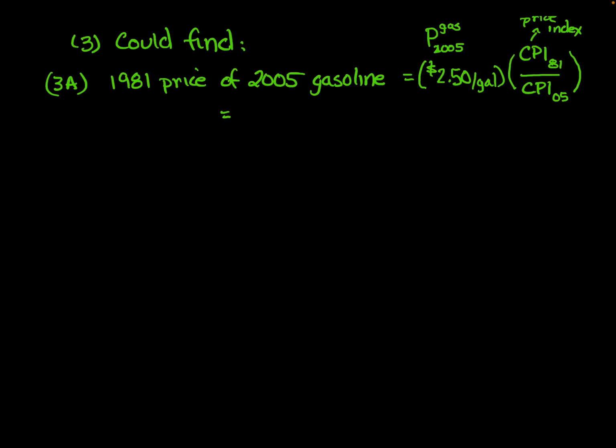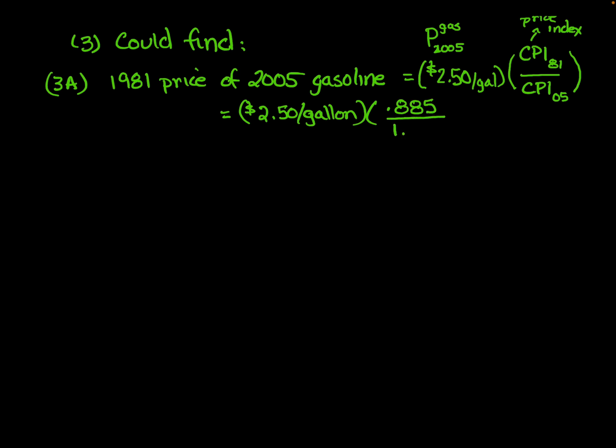So we would have, in other words, $2.50 per gallon times the ratio of the two CPIs. And so that would be what we would have. And here you don't have to divide by 100, because it's redundant, but I will do it just to be consistent.